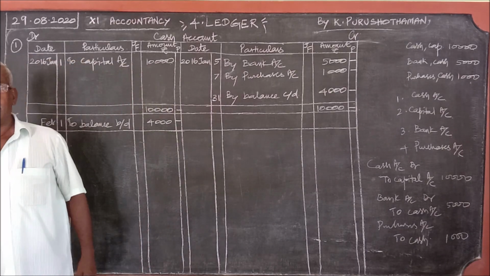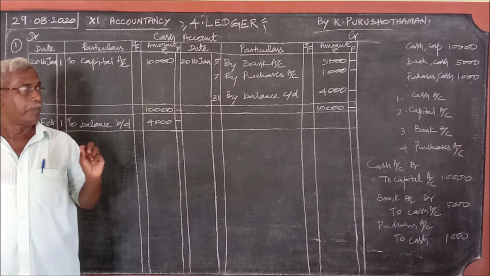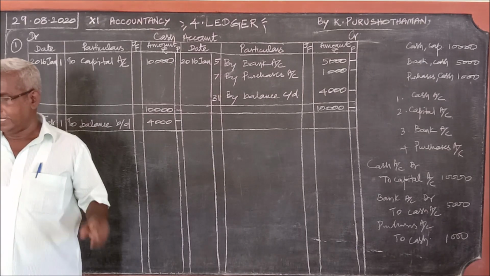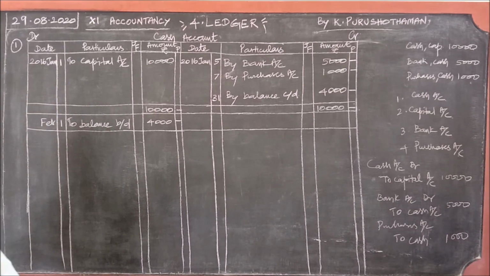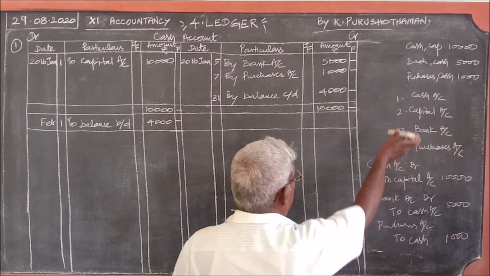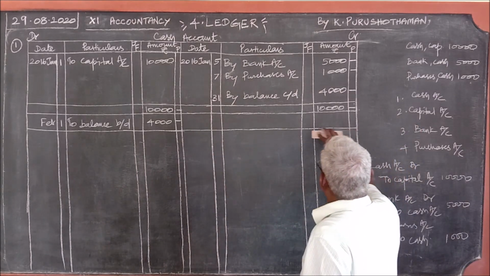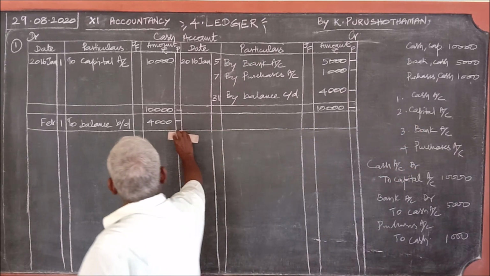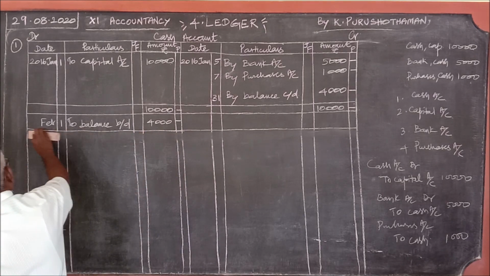I shall repeat once again the ledger. The next ledger is, according to this, the capital account. Next ledger is the capital account.